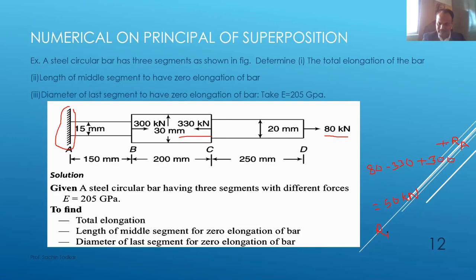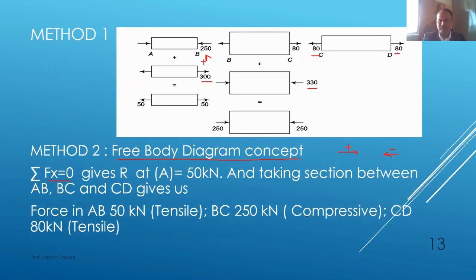Reaction at A will be equal to minus 50 kilonewton. What is the significance of this minus sign? The minus sign shows that your reaction will be in which direction? Left direction. Okay, because the minus sign is given to the left direction.